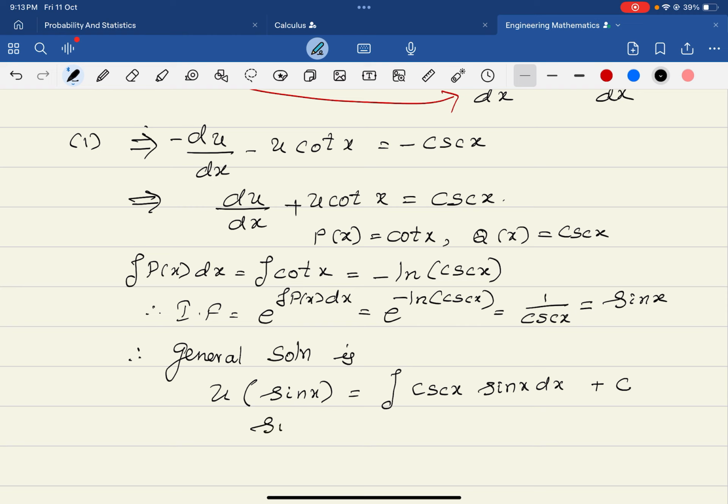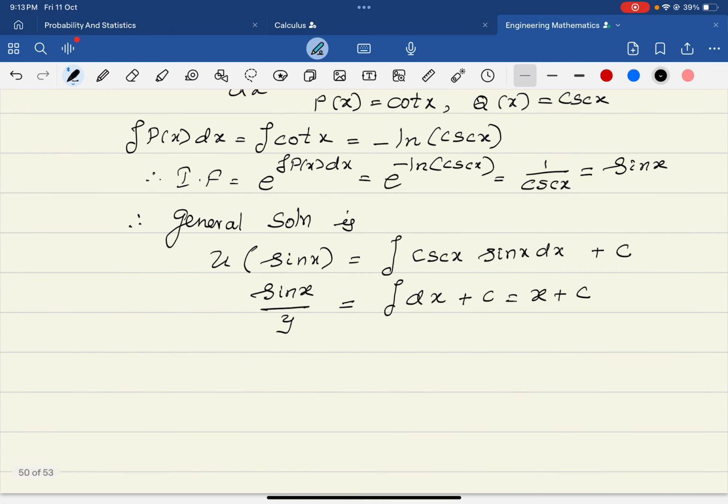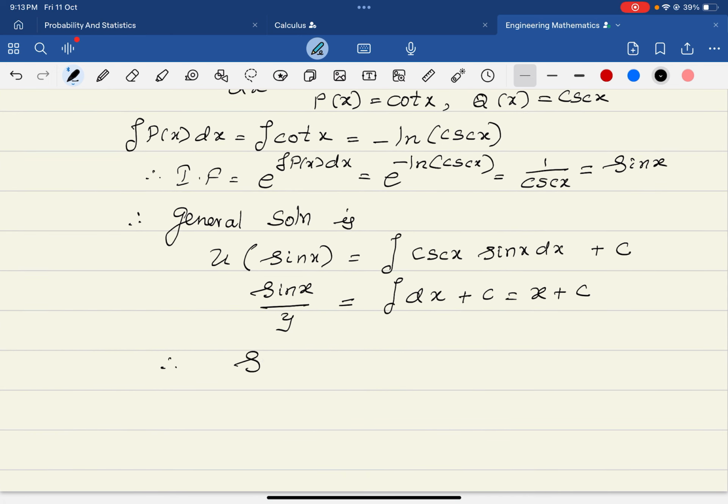So can I write this as sin x by y? Y power minus 1 means 1 over y, correct? It is equal to, and cosecant x means 1 over sin x, so both of them get cancelled. You will remain with the integral of dx, plus c, which is x plus c. So the total solution is sin x over y is equal to x plus c. This is the general solution.